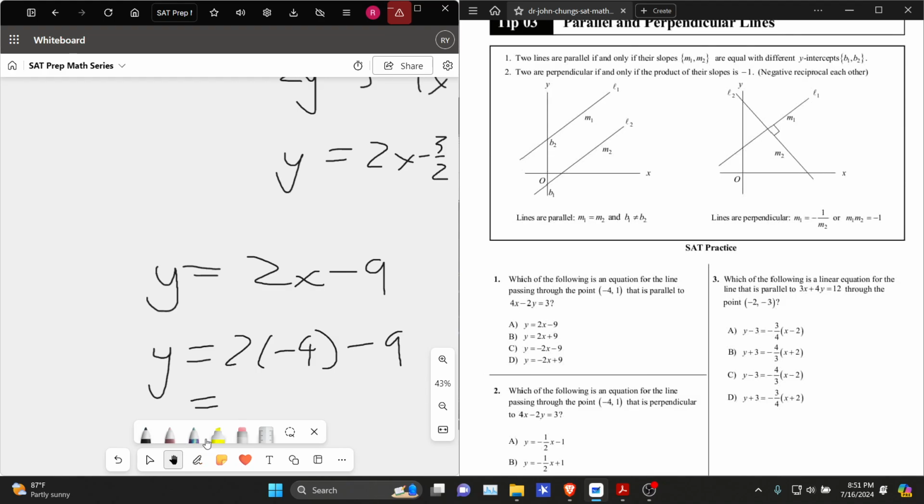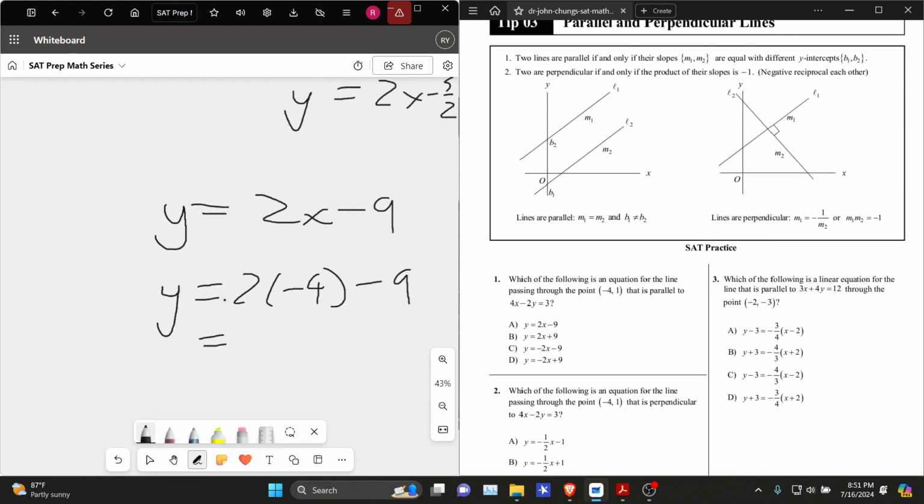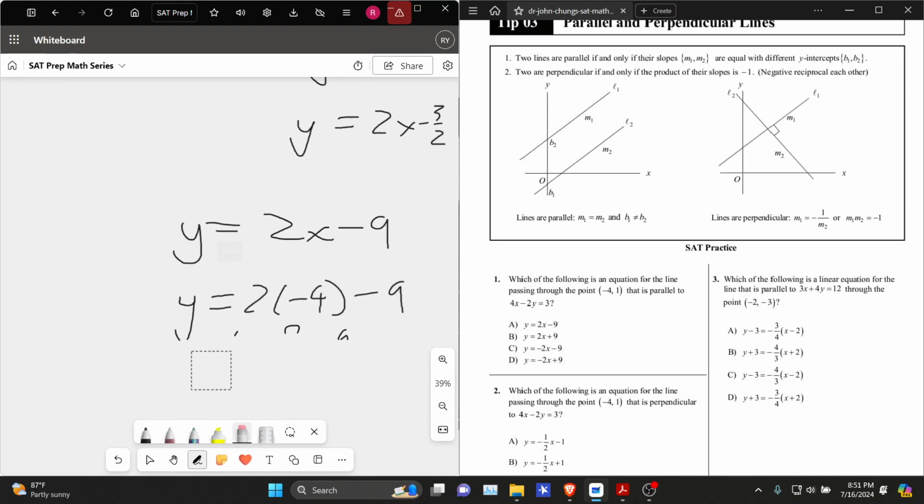As you can see, 2 times -4 is -8, minus 9, which is clearly not equal to 1. So option B is the only right answer.